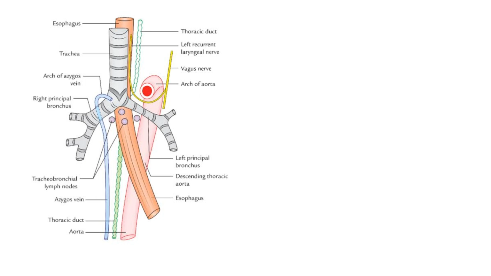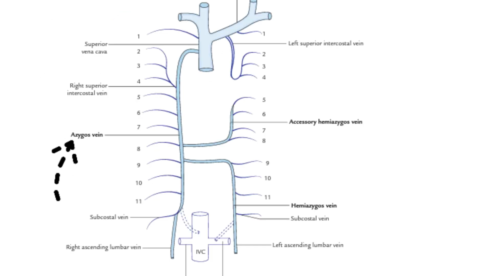The content of the posterior mediastinum include the esophagus, as you can see in this diagram. It includes the thoracic duct. It includes the descending thoracic aorta and its branches, as you can see in the diagram. It includes the azygos, hemiazygos, and the accessory hemiazygos veins.